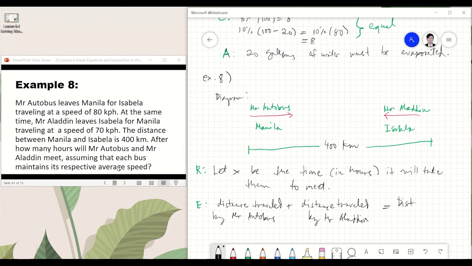Kung i-add natin yung dalawang distance, so makukuha na natin yung distance between Manila and Isabela.